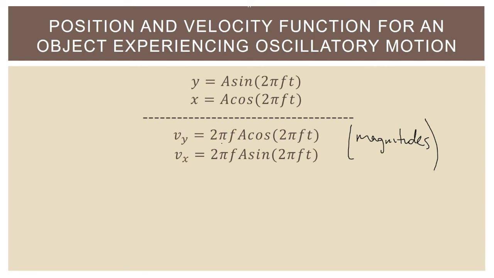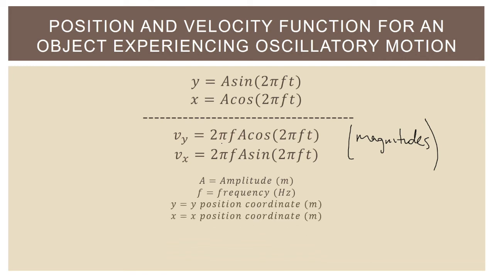It is the case in all of these equations that A is the amplitude, f is the frequency, y is the y position coordinate, x is the x position coordinate, vy is the y component of the velocity, and vx is the x component of the velocity.